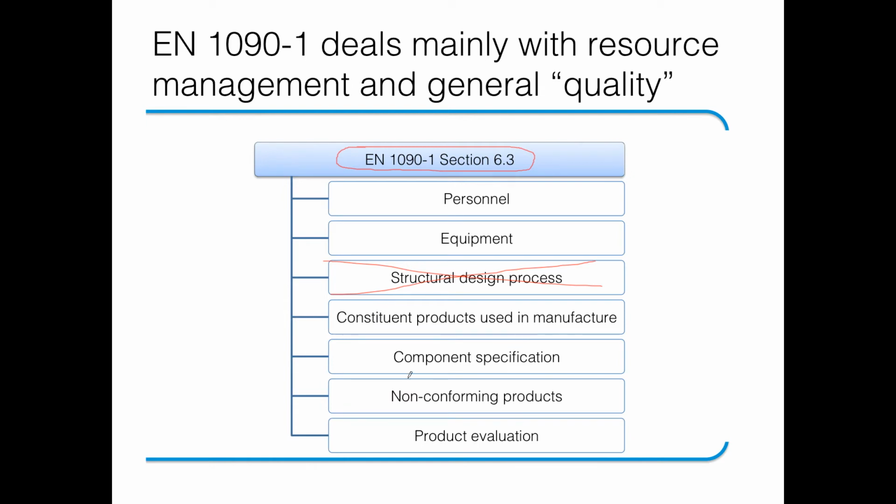Then there are some requirements for the development of the company specification, and basically who does what and how the company specification relates to other things. And then there are some requirements for the handling of non-conforming products. And at last there is the requirement for product evaluation.